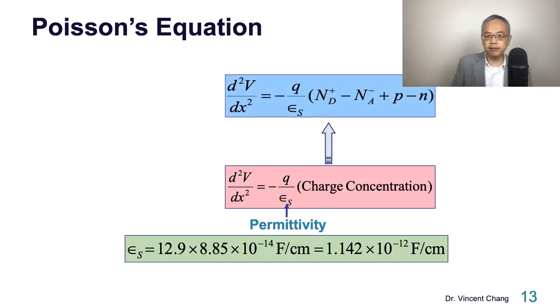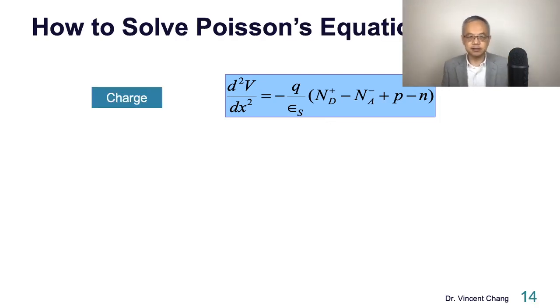So two, and then now four. Positive donor ion, negative acceptor ion. Because it's negative, you have to put on the negative sign. So minus Na minus. Hole carries positive charge, so plus hole carrier concentration and minus conduction electron concentration. All right? So Nd positive minus Na negative plus p minus n.